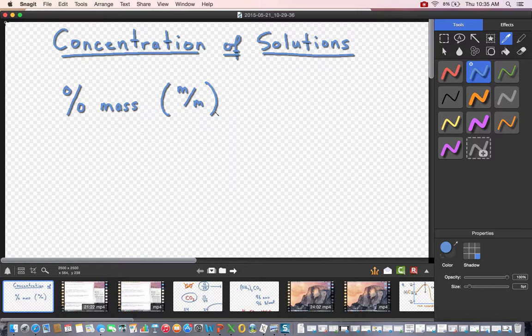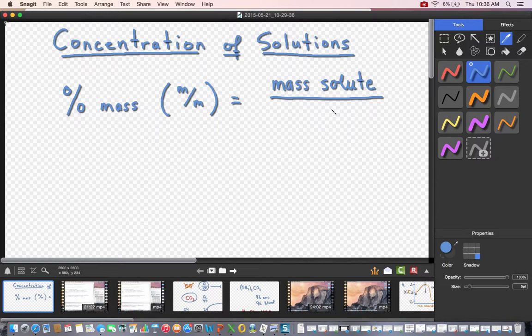We can also do volume. Mass is going to be by far and away the most common one that you would encounter of the three that I've just described. So we'll have the mass of the solute. Remember, the solute is the minority component of the solution. It doesn't mean it's the solid.